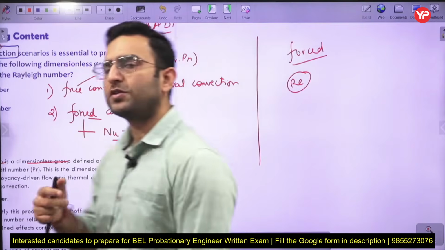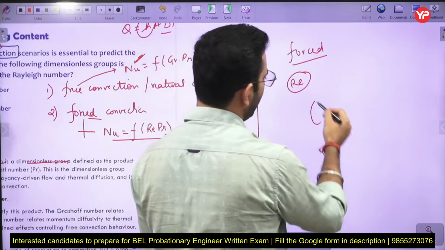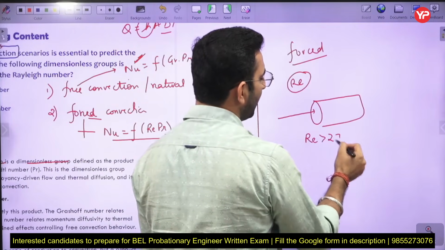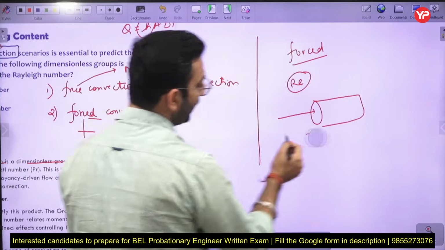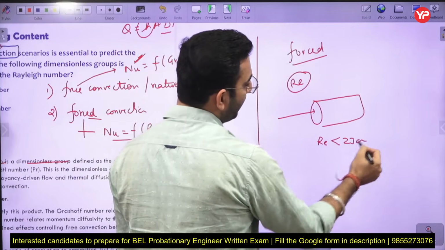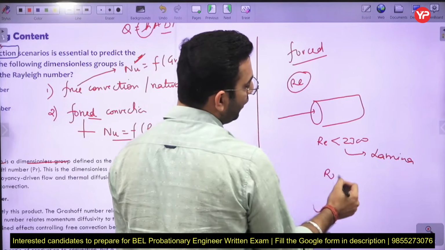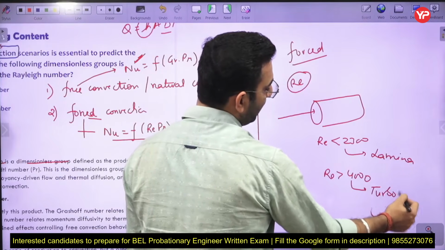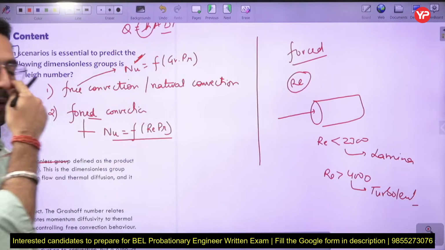If you have a basic understanding of fluid mechanics, you will have read that when the value of the Reynolds number is less than 2300, you are going to observe laminar flow, and when the Reynolds number is greater than 4000, we have a turbulent flow. That is a simple thing which we covered in fluid mechanics, for the flow through pipe condition.